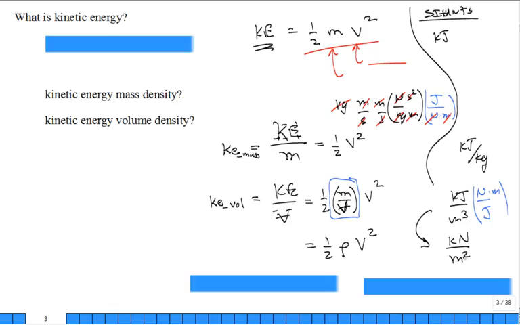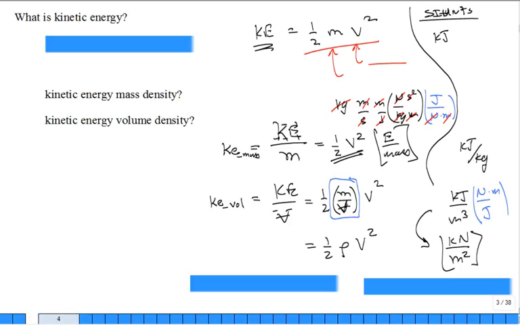Can I do a little name calling? I say, oh, look at this, kilonewtons per meter squared. That looks like a pressure. All right. So this looks like energy per unit mass. This looks like pressure, but pressure looks like energy per unit volume. And I'm going to repeat myself again and again on that.